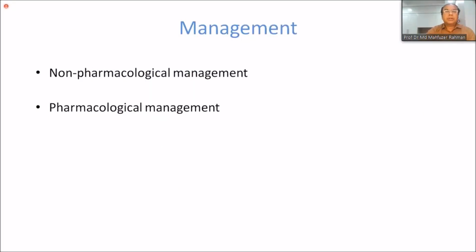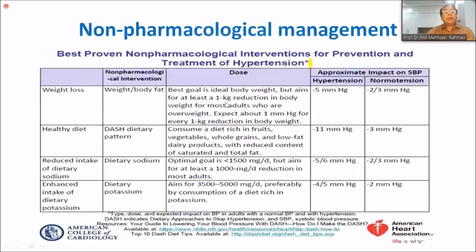Now, during the management of patient with hypertension, you know the non-pharmacological management is very important, and also the pharmacological management, that is the drug treatment. And best proven non-pharmacological intervention for prevention and treatment of hypertension. Number one is the weight loss, that is the maintenance of ideal body weight, and healthy diet.